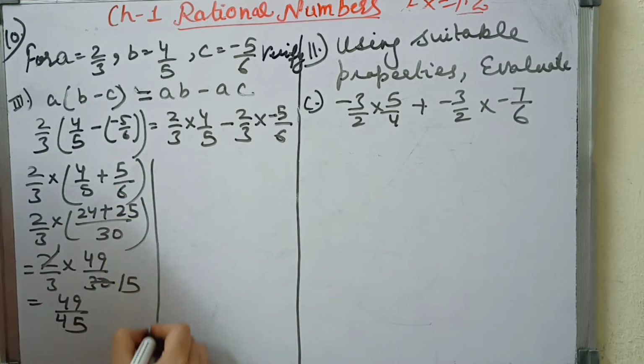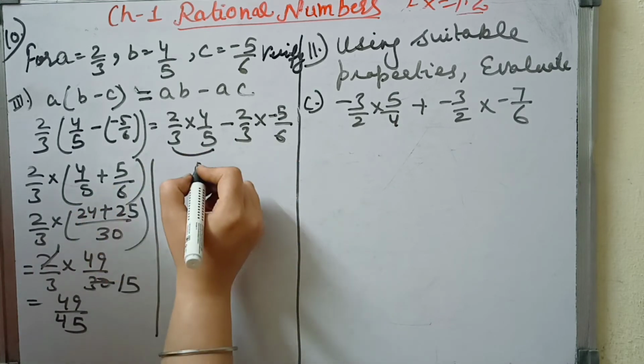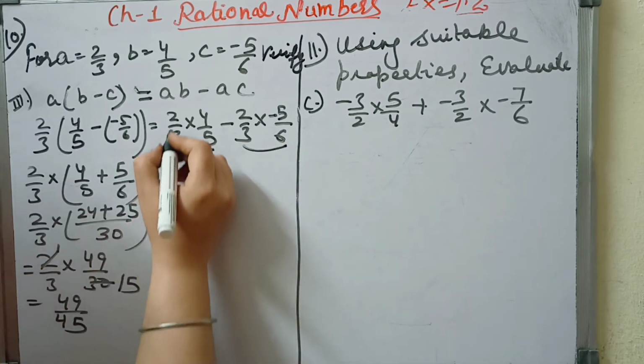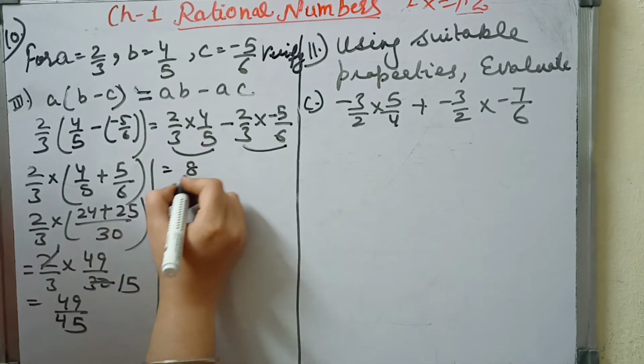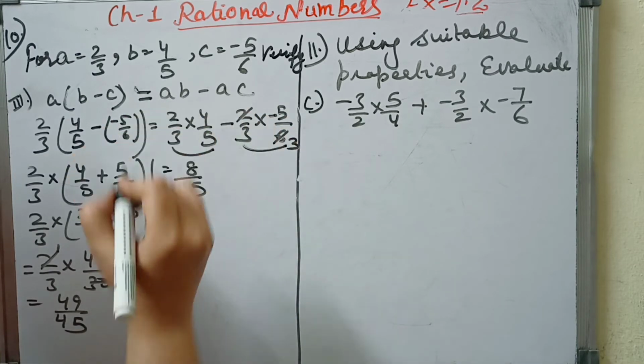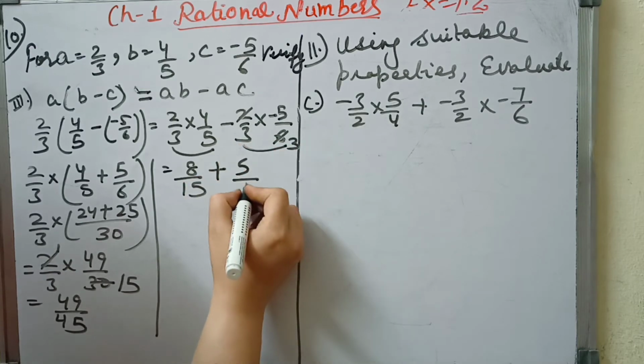Now on another side, I simplify the right hand side. First of all, I will solve the multiplication in first two terms and then last two terms. 2 4s are 8, 3 5s are 15. Here the cutting is possible, so I do the cutting first of all. 2 3s are 6. Minus minus is plus, it is 5 over 9.